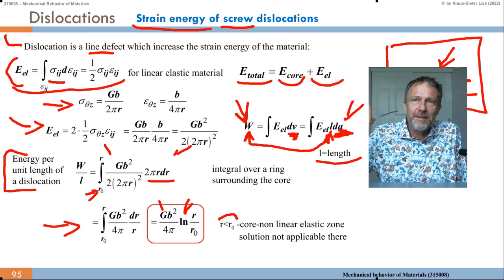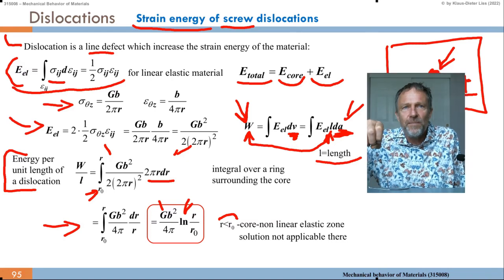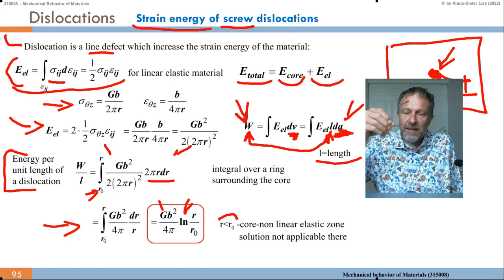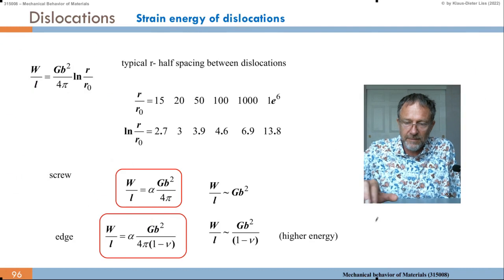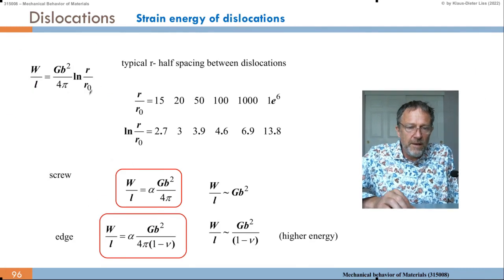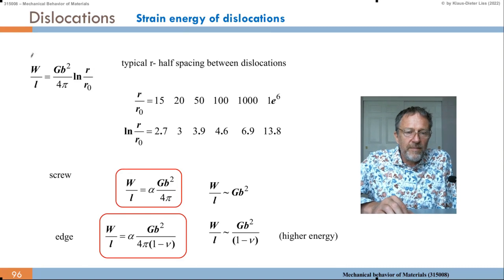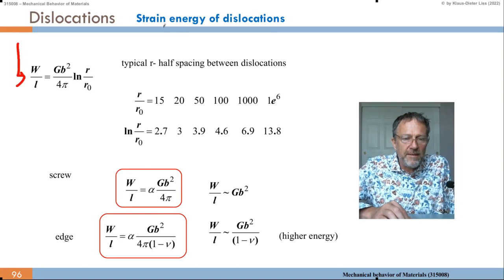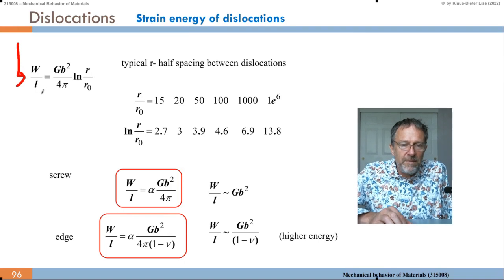It's not a translation invariant lattice in there. So we get some other nonlinear behavior inside the dislocation core. So we just keep in mind there's a radius r0 and the work per length, so strain energy per length of the dislocation.